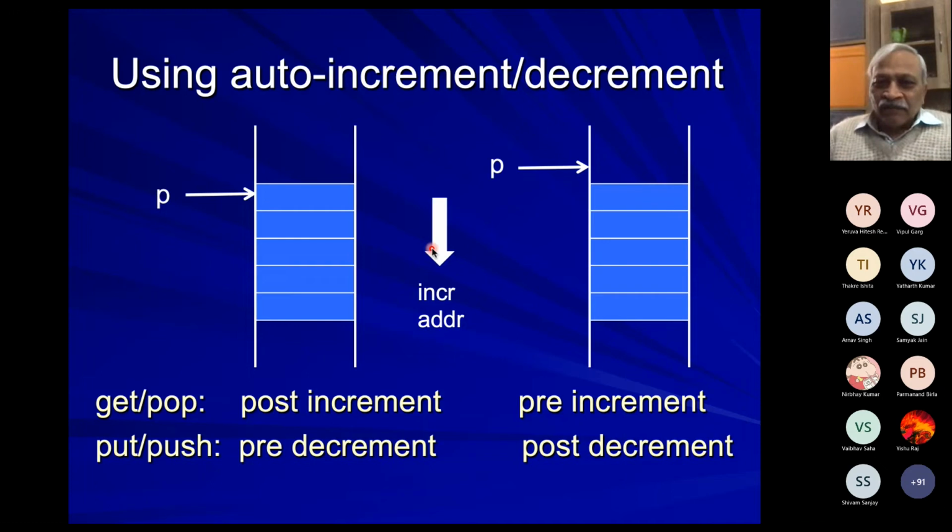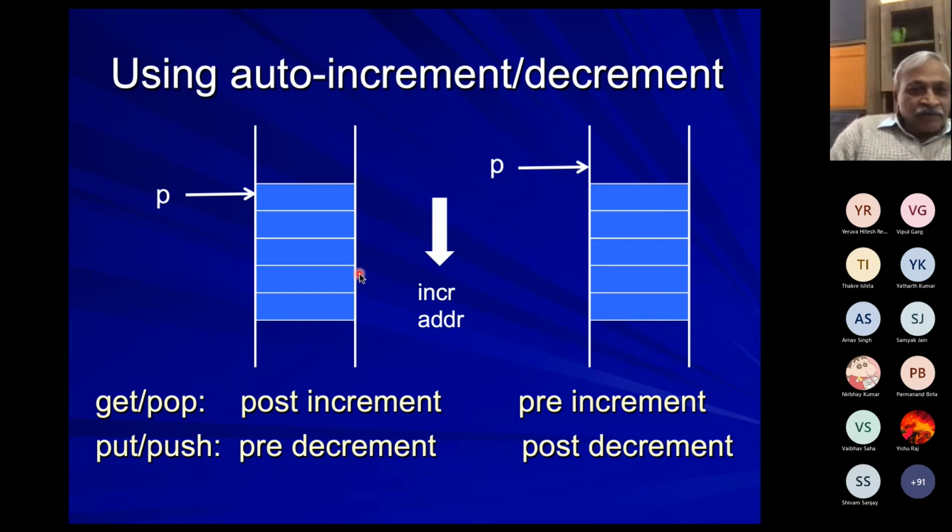One could do it otherwise also, but most commonly this is how it is done. So a push would mean that the address decrements, and a pop would mean that the address increments.